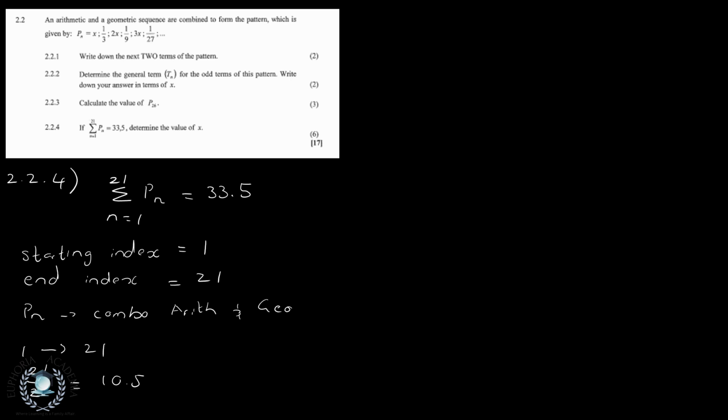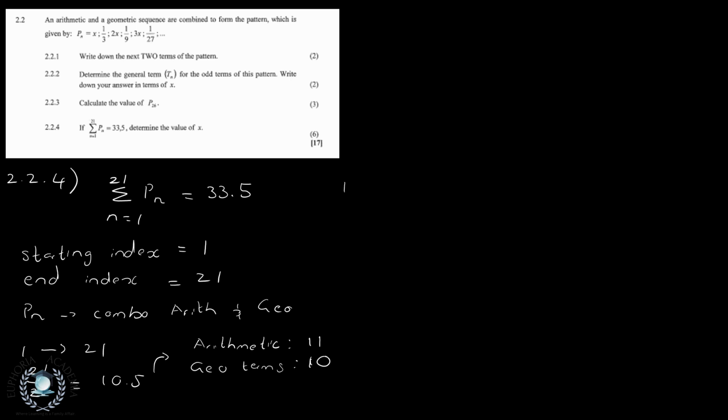So if you count it out, you will see that for the arithmetic sequence, we actually have more. We have 11 terms because you can't have half a term. They don't share half a term. They're very distinct. And our geometric terms, conversely, since we have 21 terms, they need to add up to 21. That means we're going to have 10 geometric terms.